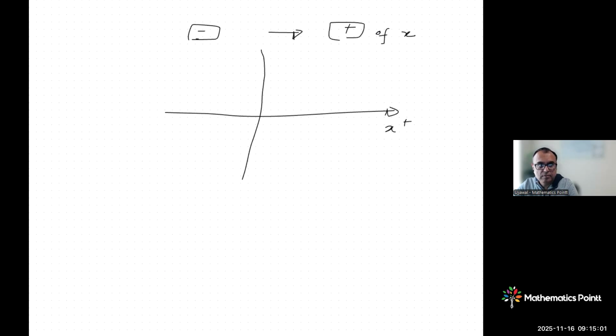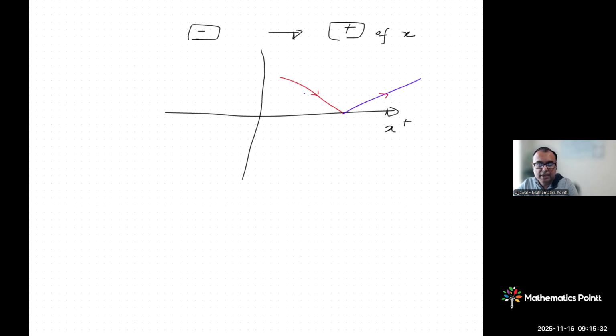Now, there is a line like this, and there is a line like this. Now, the red line is also slopy, and the blue line is also slopy. Both of them are slopy.